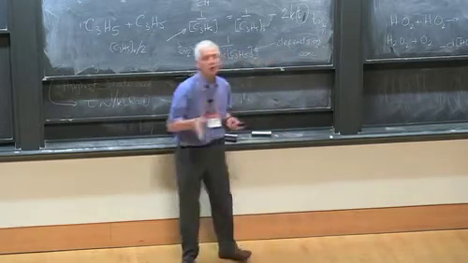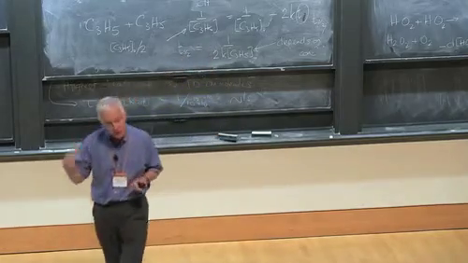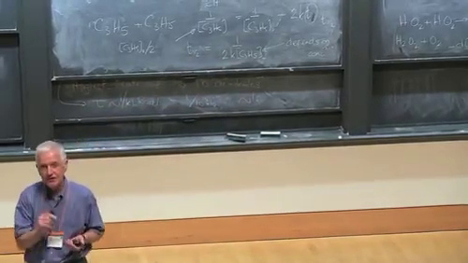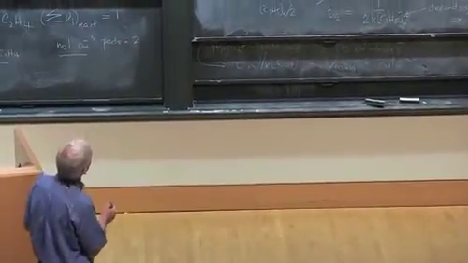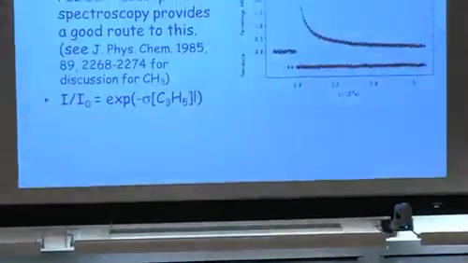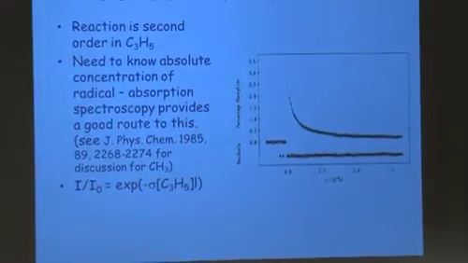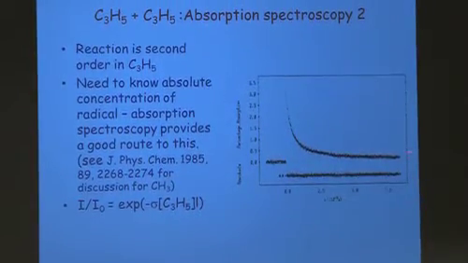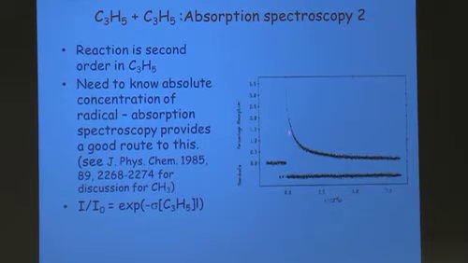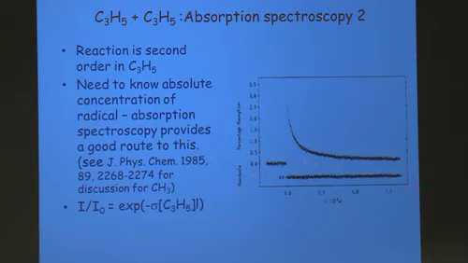So we need to know the absolute concentration of that species in order to work out the rate condition. So this is a decay profile. And if you look at that, then you can see that it's certainly not exponential. The decay is slowing down as you go to longer times because the concentration of C3H5 is decreasing.